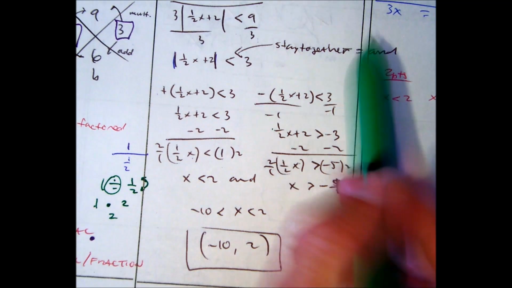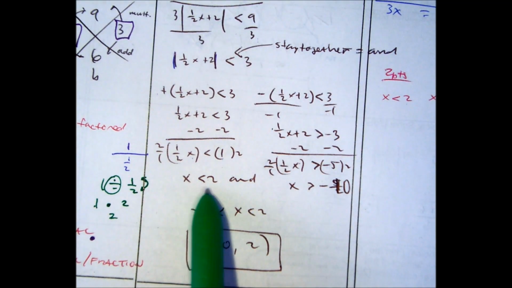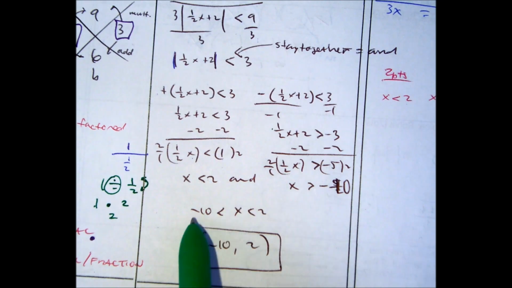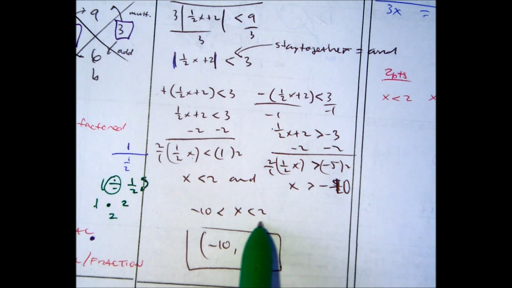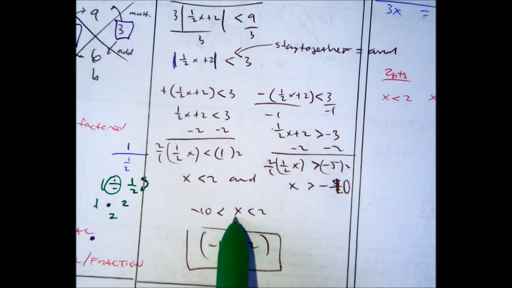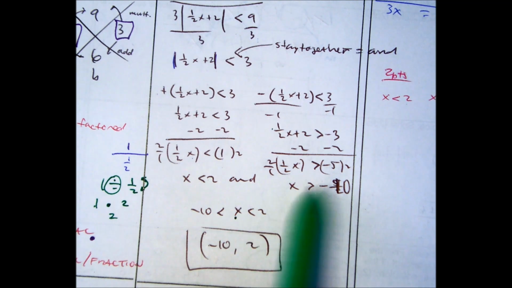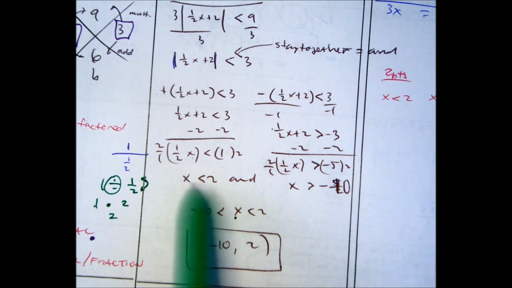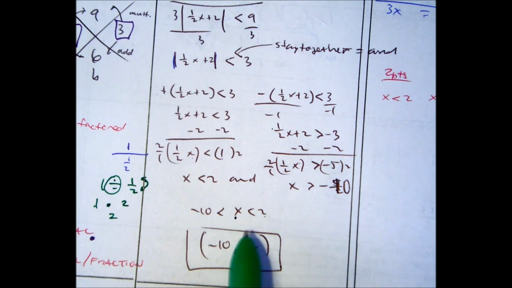To put those back together, x is less than 2 and x is greater than negative 10, smaller number on the left, bigger number on the right, variable in the middle, and you just follow your inequalities. They are pointing towards negative 10, and here they're pointing towards the x, or away from the 2.